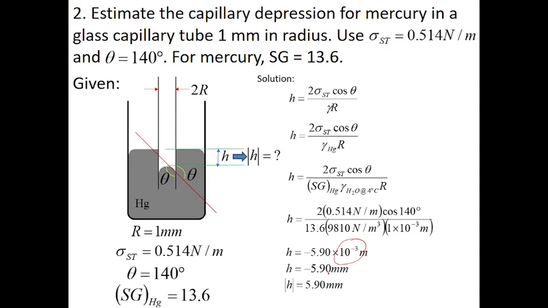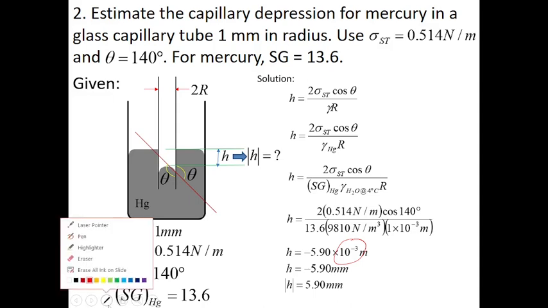If there is a rise of negative 5.90 millimeters of mercury, that means there is a fall of 5.90 millimeters of mercury. That's the interpretation. So when we say negative rise, that is fall. So we can proceed.